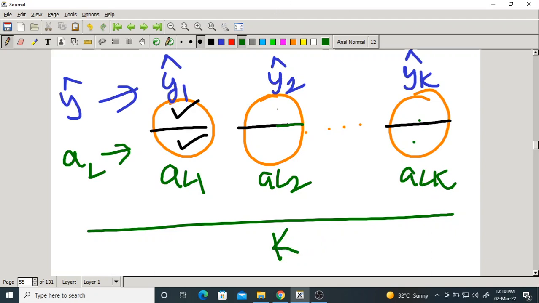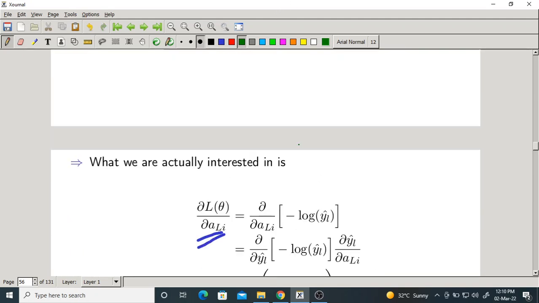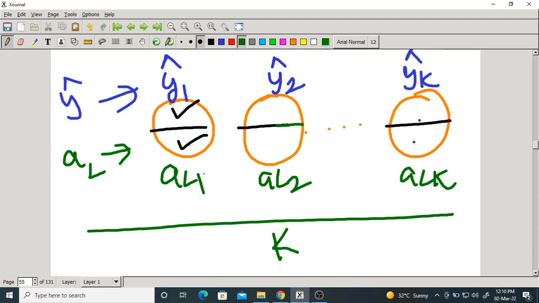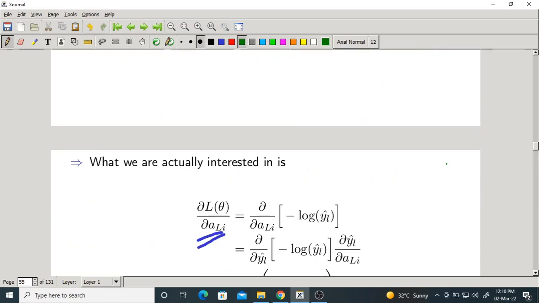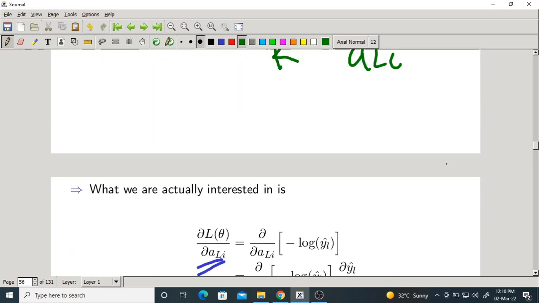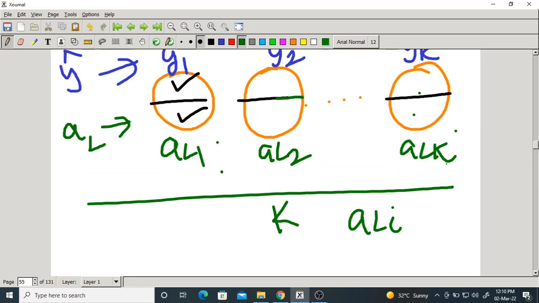Now we have to find the gradient with respect to aLi, where i can be any value between 1 and k. But what do we do first?